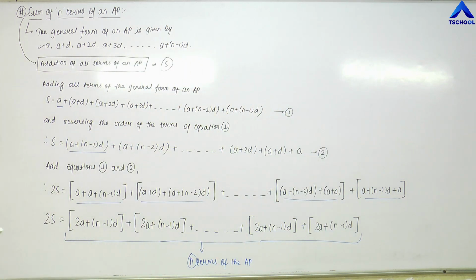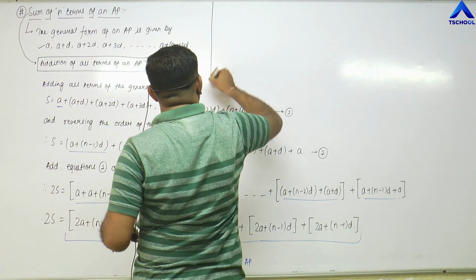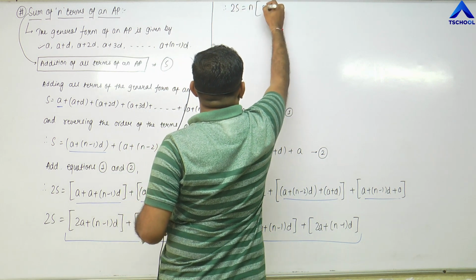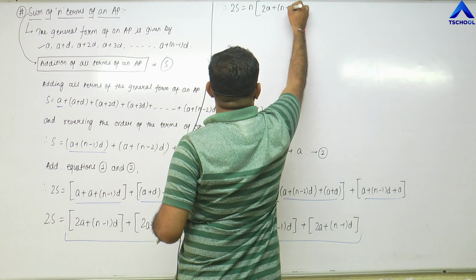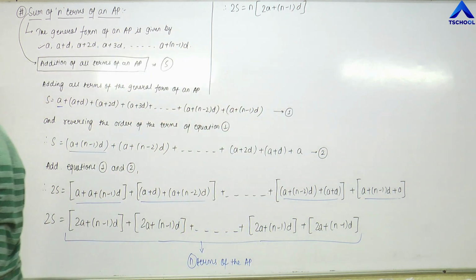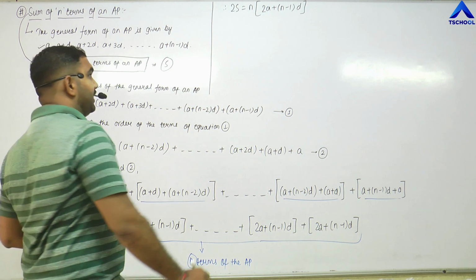So the addition of all this will give me, therefore, 2s equals n into 2a plus n minus 1d, because the summation of 2a plus n minus 1 into d, n times, gives me n into 2a plus n minus 1 into d, right?